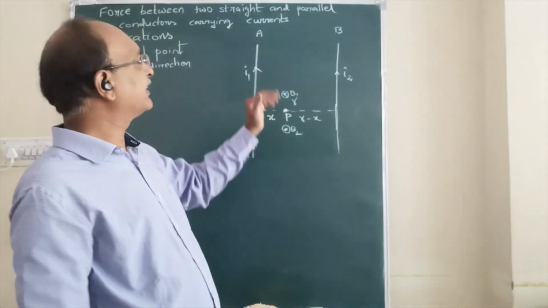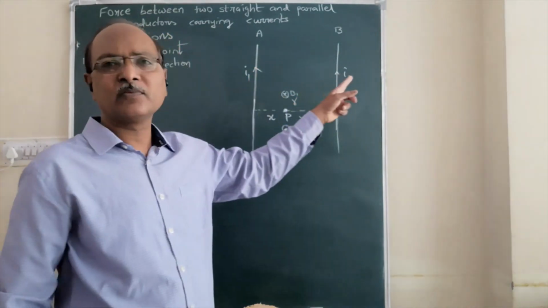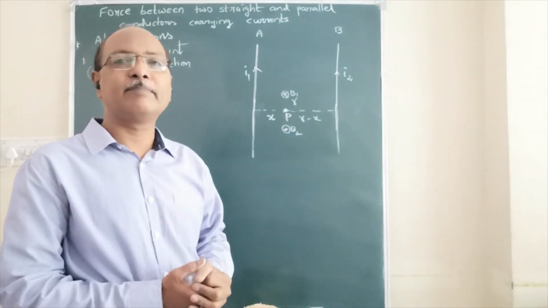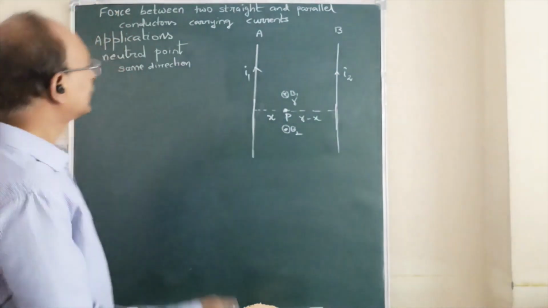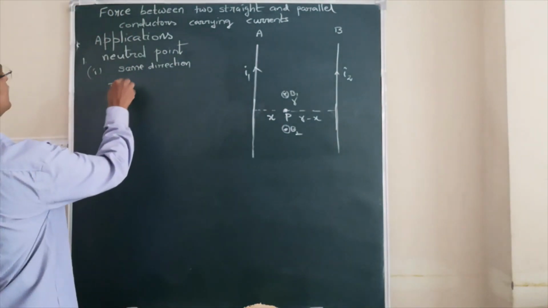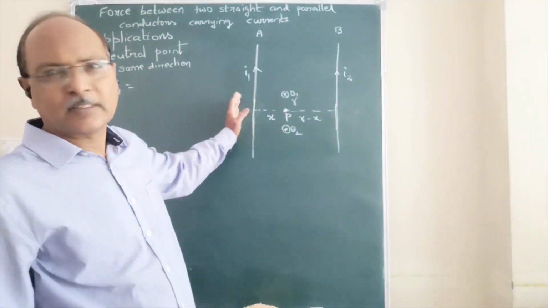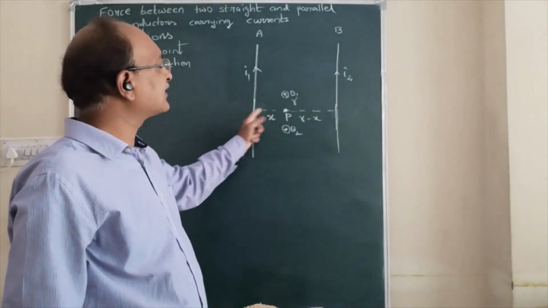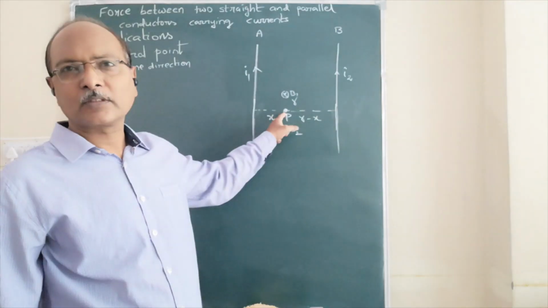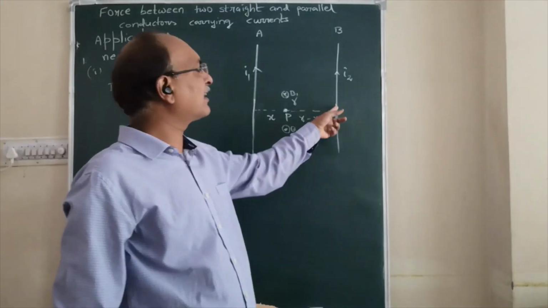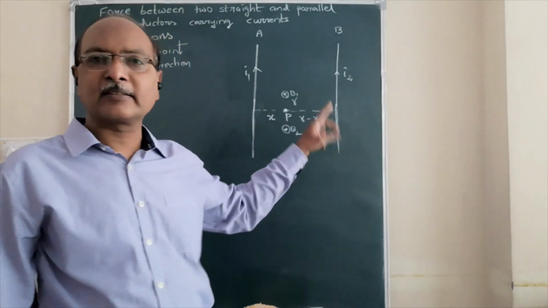So when the currents are in the same direction, the neutral point will be in between. Suppose from the first conductor, the neutral point is at a distance of x. So the second conductor will be at a distance of r minus x.